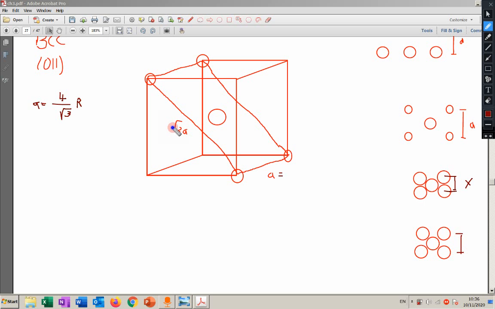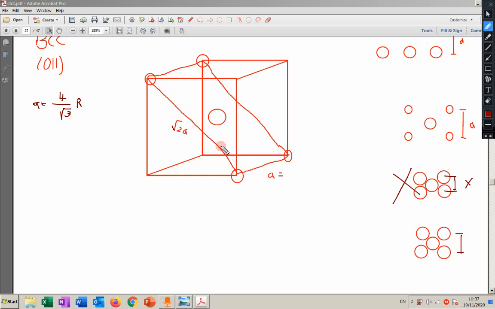Now, however, in this case here, the length of it is root 2A, again root 2A, we know that. So for root 2A, now we cancelled out this part here. It's between the first and the third one.